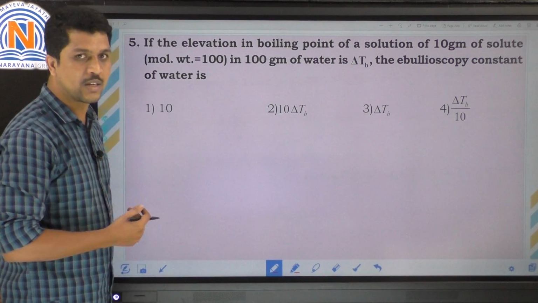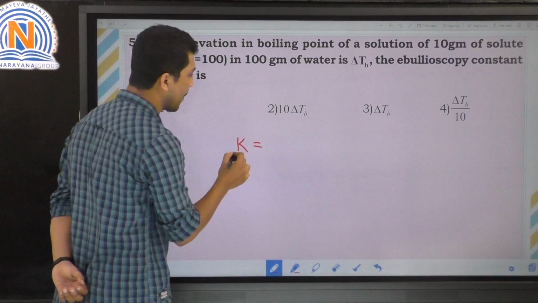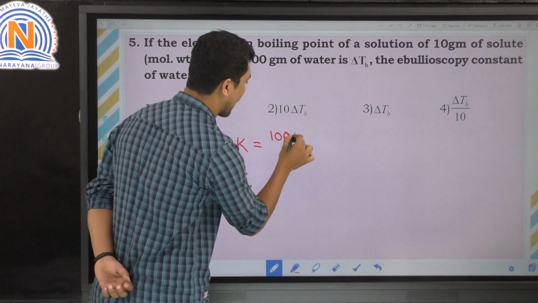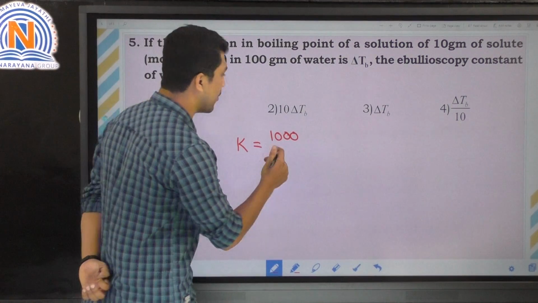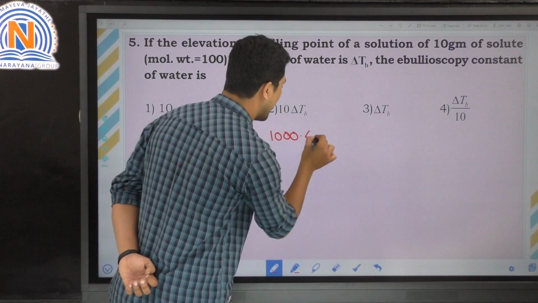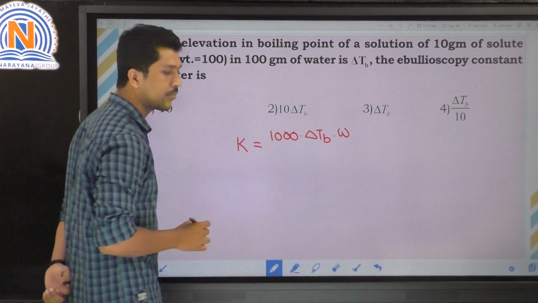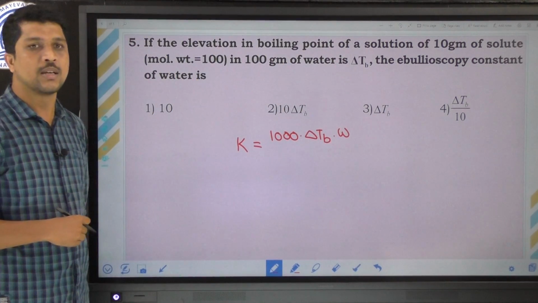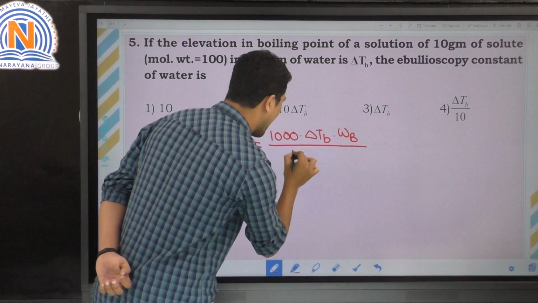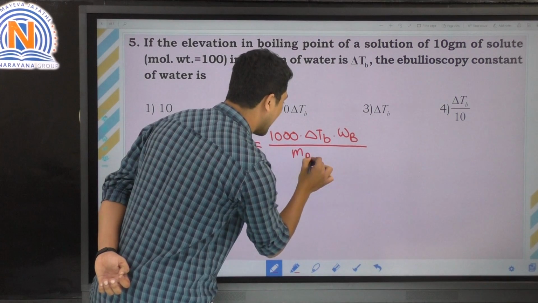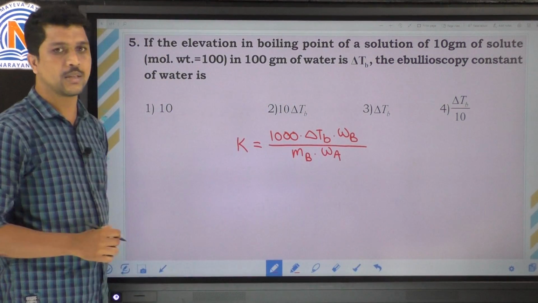So they have given the elevation of boiling point, that is delta TB. So K equals 1000 into the elevation of boiling point delta TB into the weight of the solute WB, whole by the molar mass of the solute MB into the weight of the solvent.